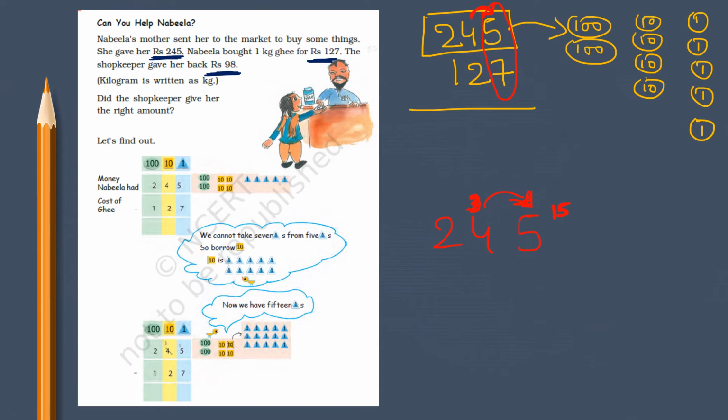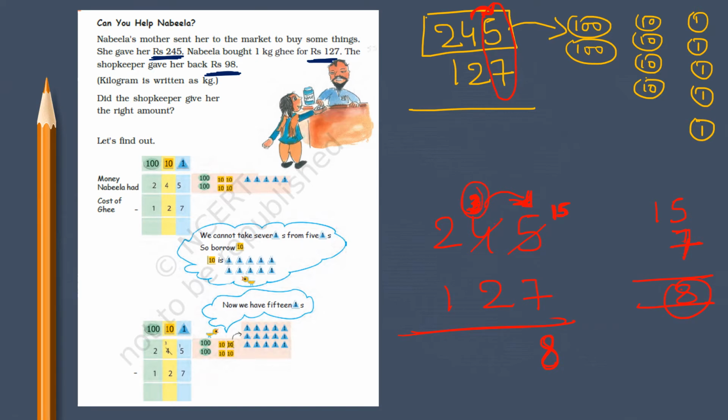So it is not 4 anymore, it is 3, and it is not 5 anymore, it is 15. We have 127. So now we have 15, we have to subtract 7 of that. We can do that, right? So 15 minus 7, 8. Okay, 15 minus 7, 8. Right?